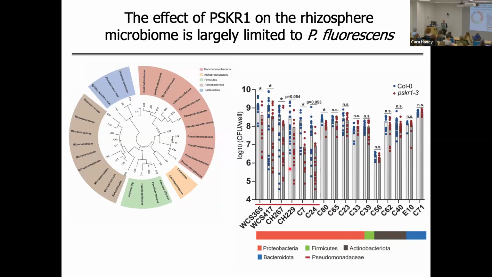And when she did this, she found that it's quite specific to Pseudomonas, which are the strains underlined in red. The ones with a little asterisk and lower in the red bar are ones that have reduced growth on our PSKR1. So it seems quite specific to Pseudomonas that we have this reduced bacterial growth and an immune response. Why that is, I don't know. If anybody has ideas, I would love to hear about it. We're still trying to tease that particular thing apart.